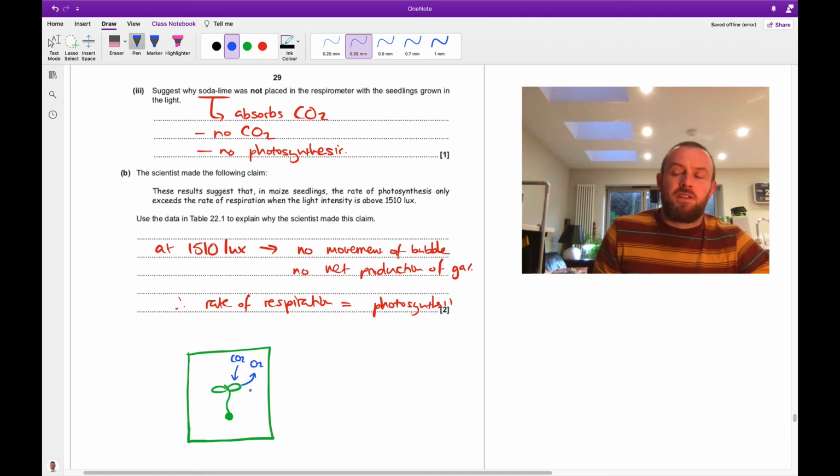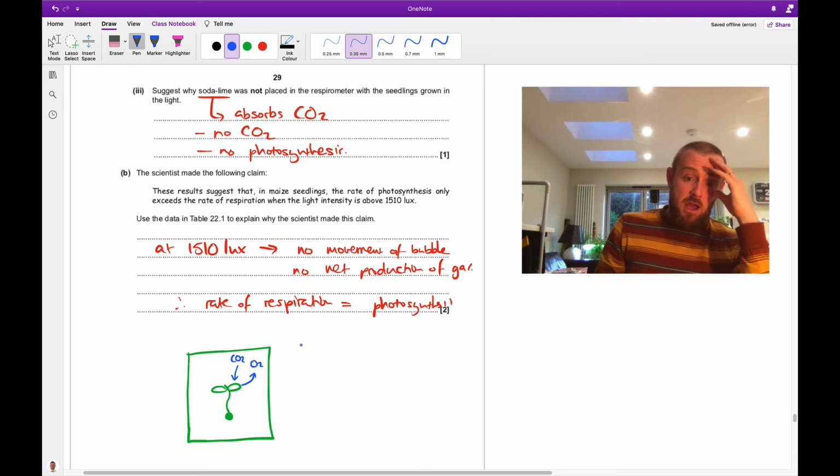So I don't think photosynthesis would actually cause the volume of gas in there to change at all, and we'd just be looking at the consumption of oxygen. I don't think the volume would change otherwise, because there's no soda lime in there.